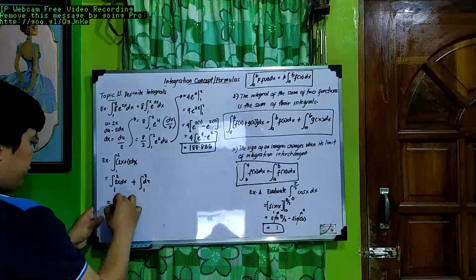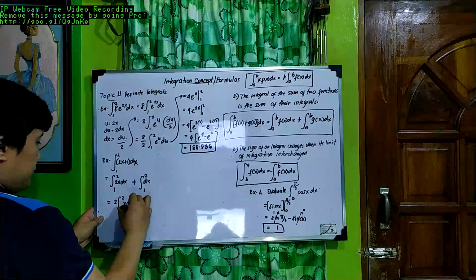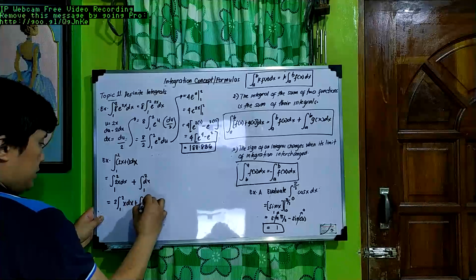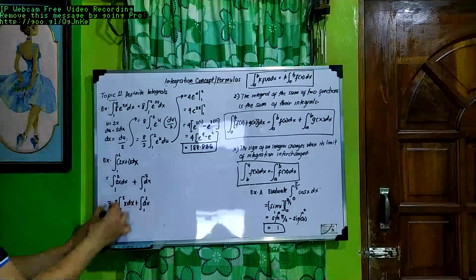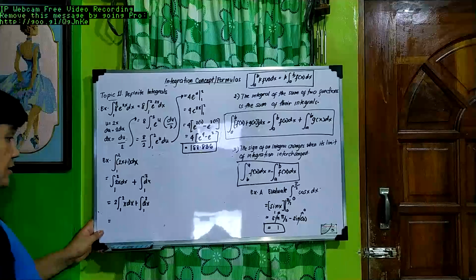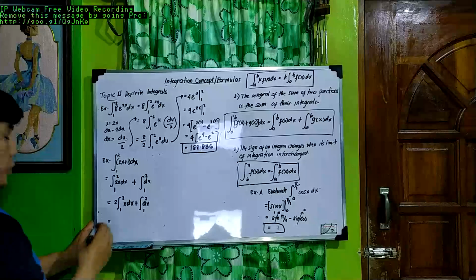So you have to move the constant outside the integral sign, plus the integral of dx from 1 to 2. The first function uses the power rule.